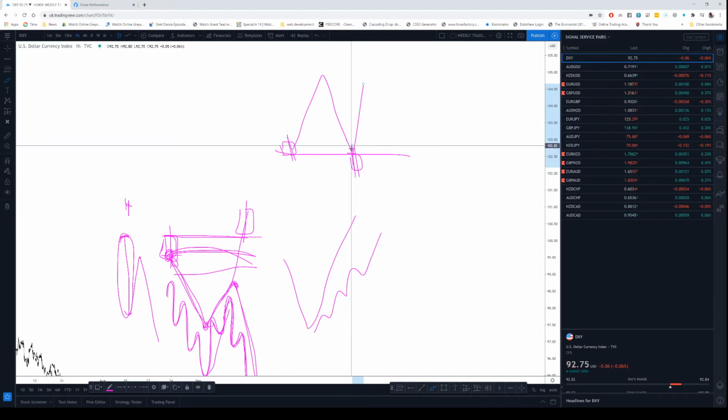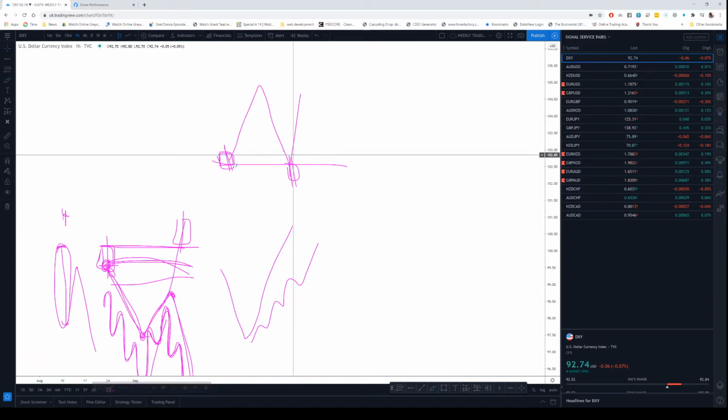This could be a fake out or a run of stops and then a rejection to the upside. So it's very important to take notice of this, that for market structure to break on any time frame, there needs to be a close above the last up candle inside the swing high or the last down candle inside the swing low.